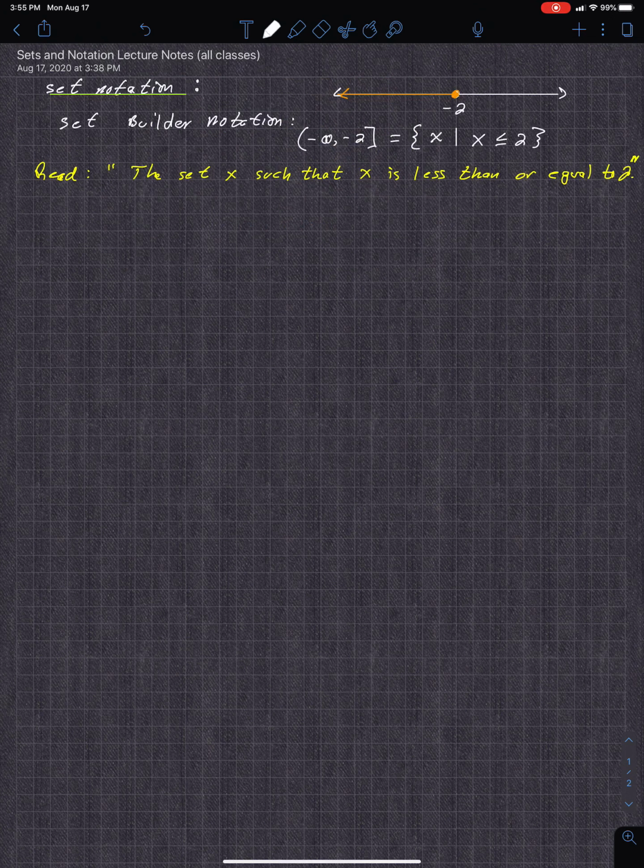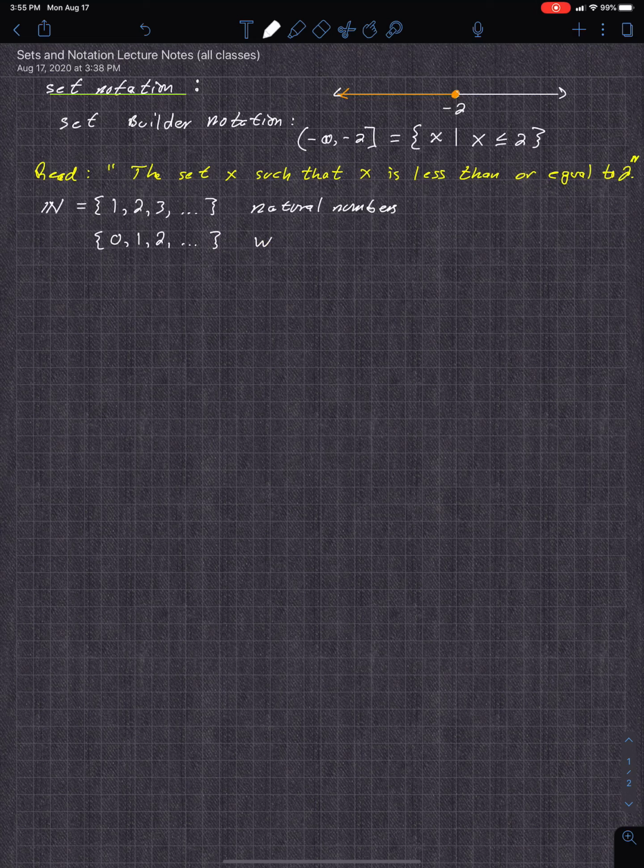Let's break down the number line into its constituents. So first, we often talk about this set. It has a name. 1, 2, 3, etc. 4, 5, 6. That is the set of natural numbers. Then if you throw in 0, you get the whole numbers.